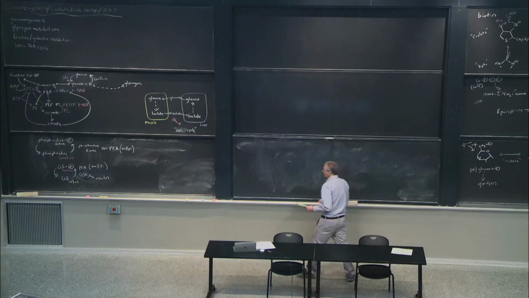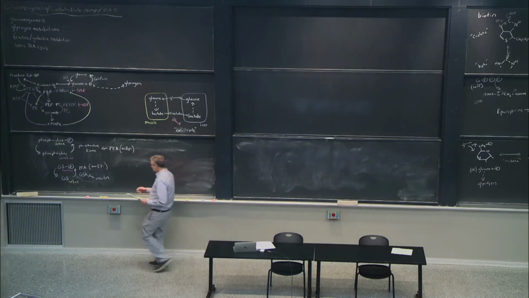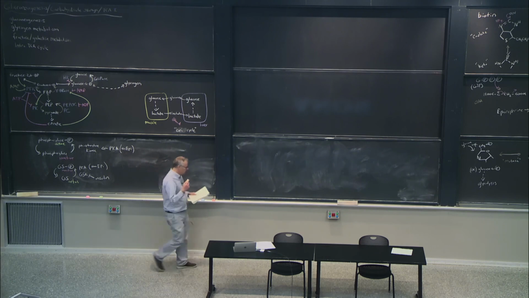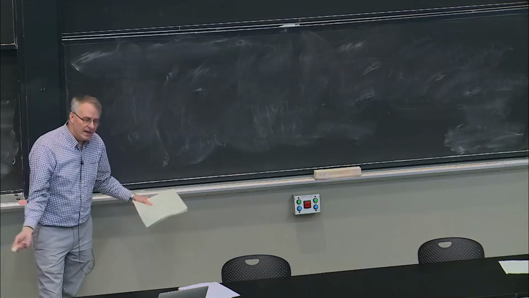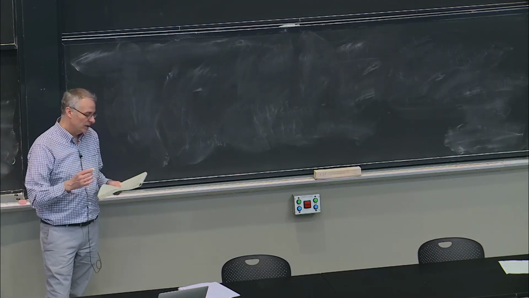First, let's talk about how you store glucose 1-phosphate units by adding them to glycogen. So this uses energy input from UTP, which is an ATP equivalent for exactly the reason I described earlier.